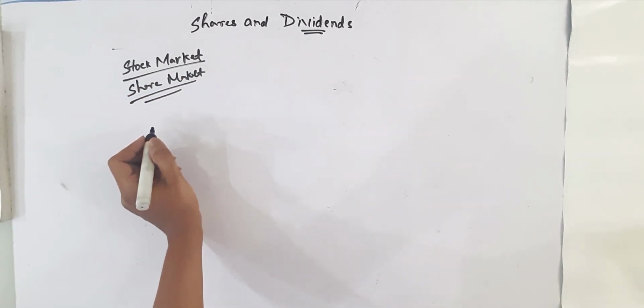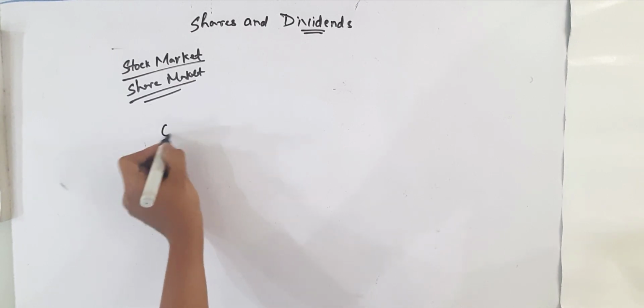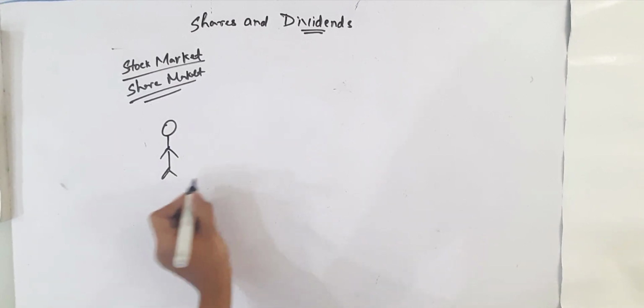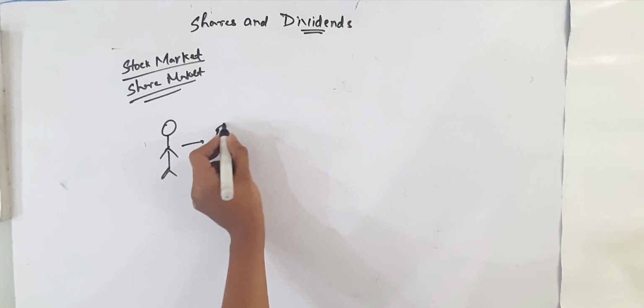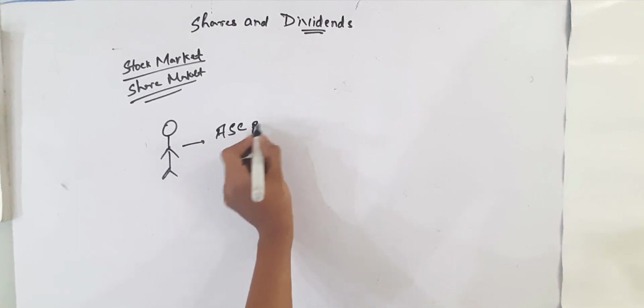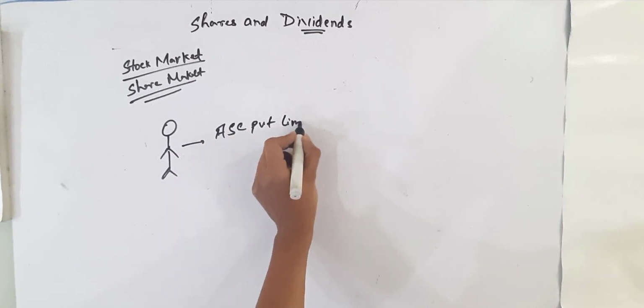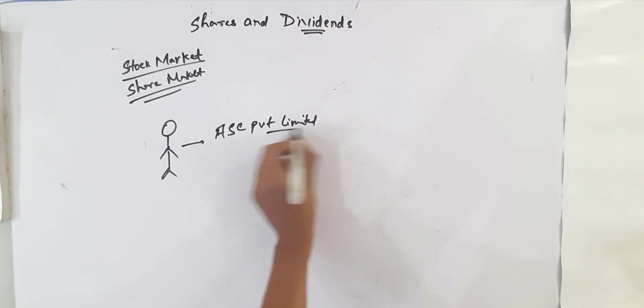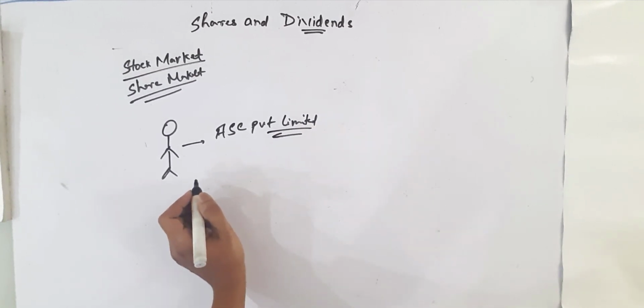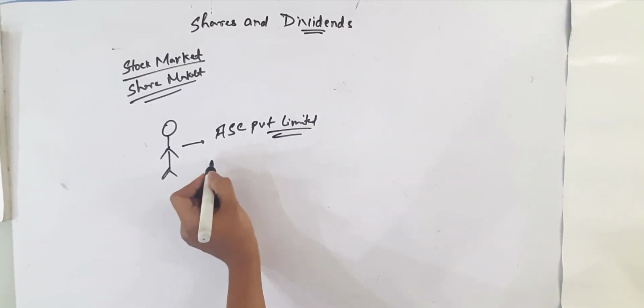There we discussed that suppose there is a person who wants to establish a company named ASC PVT Limited. To establish this company, a person needs some money. Suppose it is 50,000.